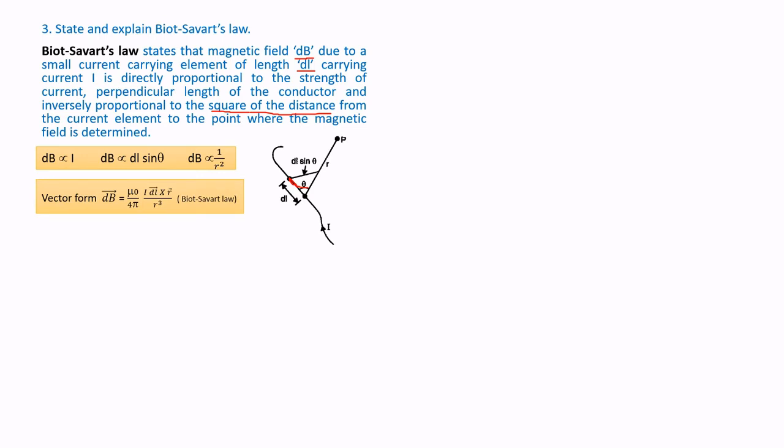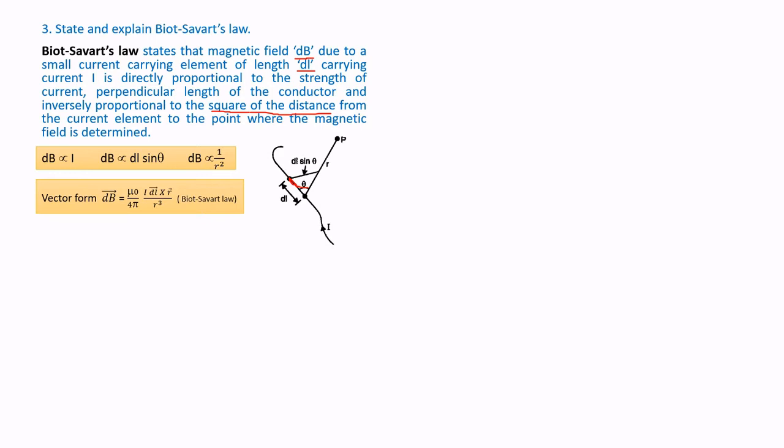In the vector form, dB can be written as vector dB is equal to this. Removing the proportionality and combining all these three, dB is equal to mu naught over 4 pi, which is a constant of proportionality, into I.